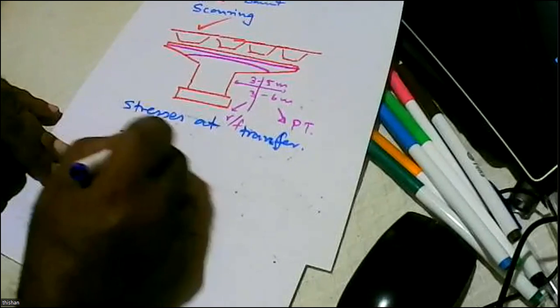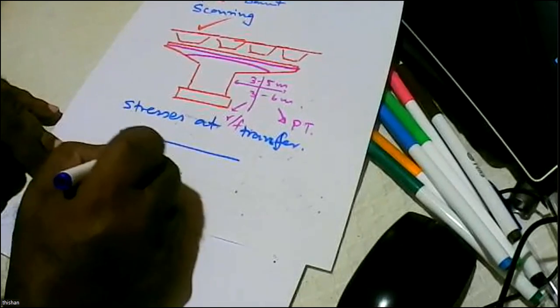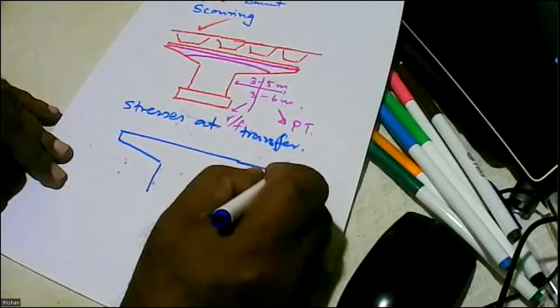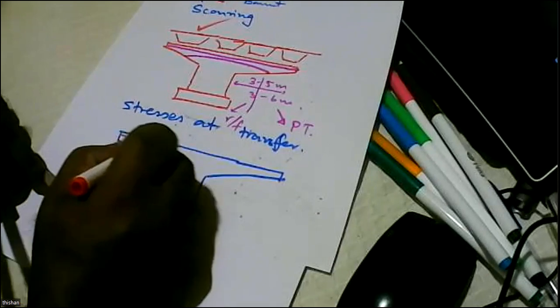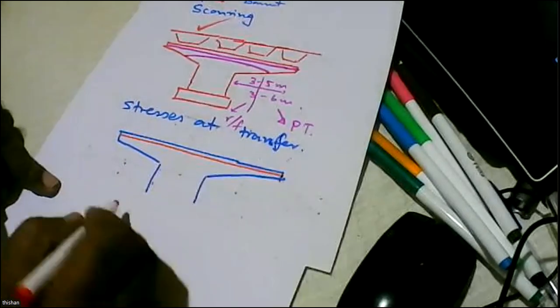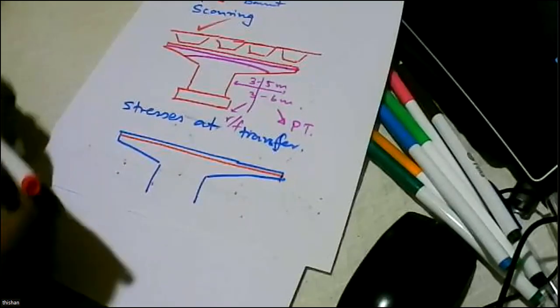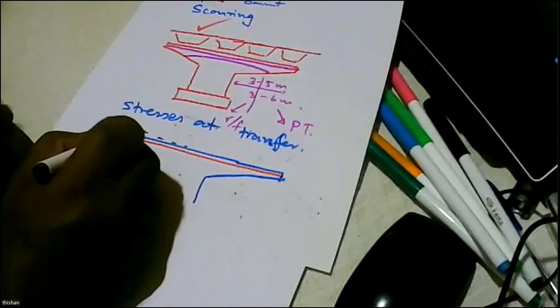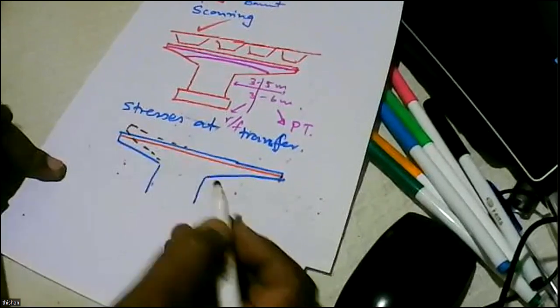So when you look at the stresses at transfer, you'll find, now when you provide the tendons like this at the top, what will happen? Now this is going to bend like this. And who is there to suppress this?